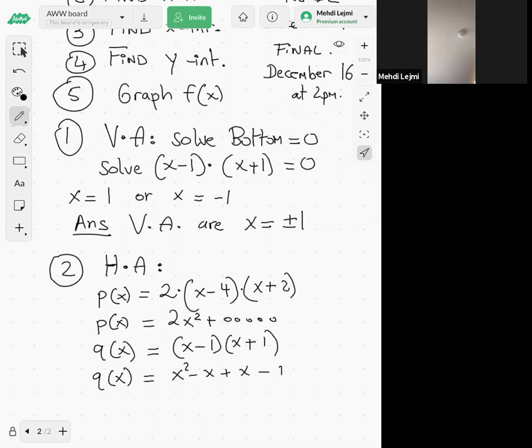So the degrees are equal. The degree of p of x is 2, and the degree of q of x is also 2.